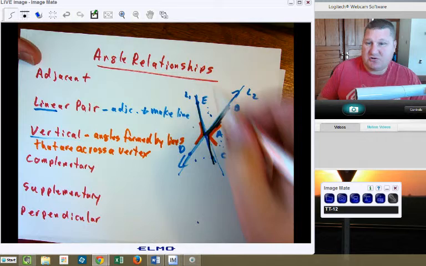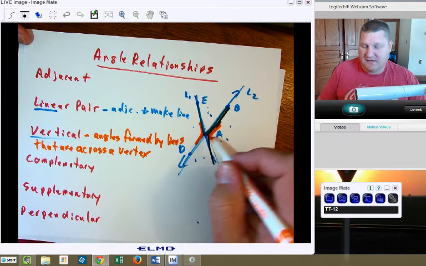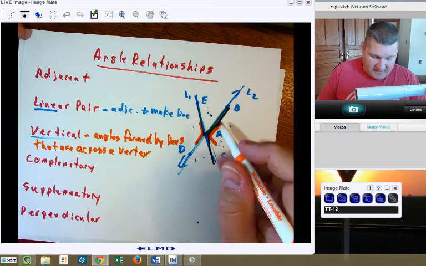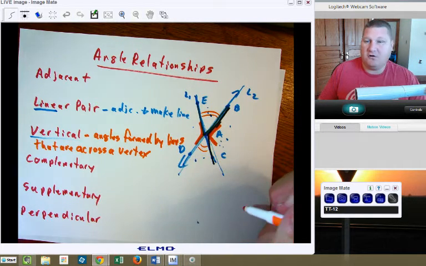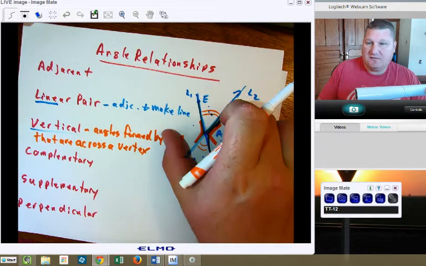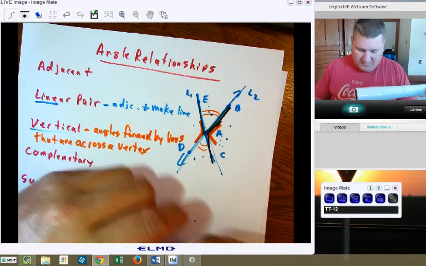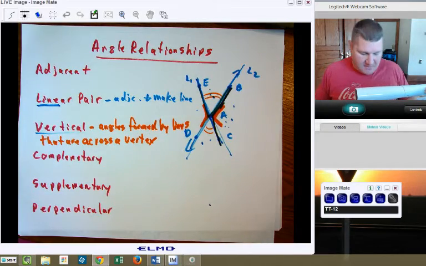So two lines cross. The vertical angles are formed across the vertex of that line. By the way, yes, indeed, this angle and this angle are also vertical angles. So you have one set of vertical angles, two sets of vertical angles. But we start here because I don't want you to get confused with the up and down component.